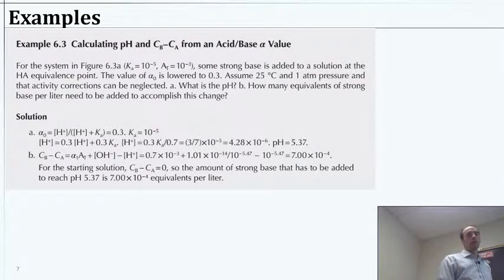Okay, so there's a figure and it shows, associated with this particular Ka, particular acid concentration, some strong base is added to the solution at the HA equivalence point. The value of alpha 0 is lowered to 0.3, assuming standard temperature and pressure. Activity is neglected. What is the pH? And how many equivalents of strong base per liter are needed to accomplish this change?